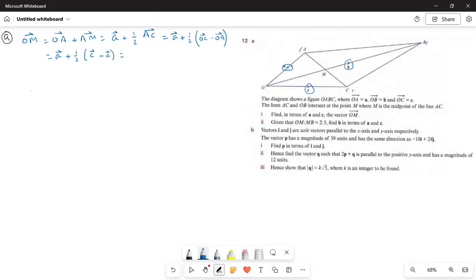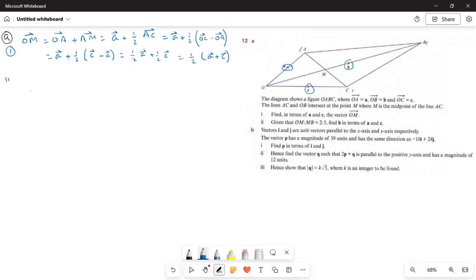So this is going to be A minus half A, so it's half A, and plus half C. So this is half of A plus C. Easy? Okay, so this was part 1.